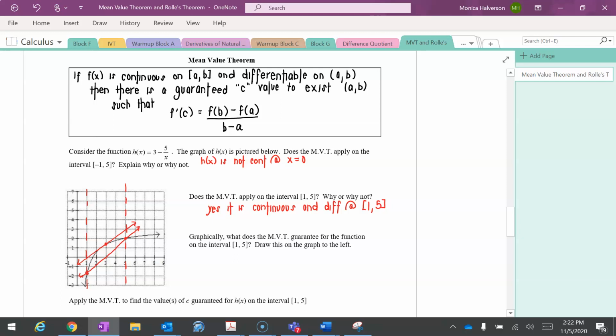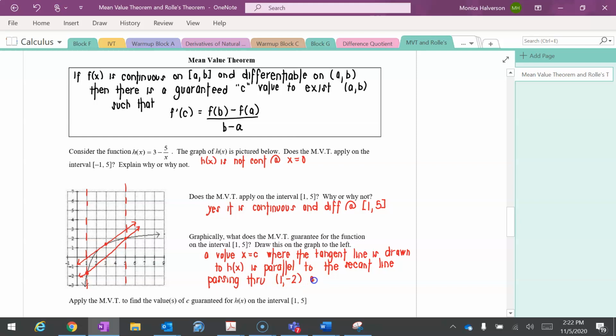So that means there is a value x equals c where the tangent line drawn to h of x is parallel to the secant line passing through our interval values of 1, -2 and 5, 2.